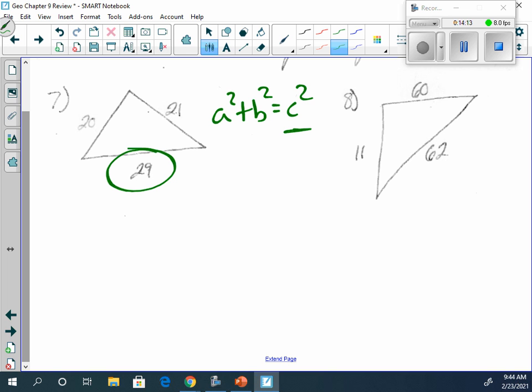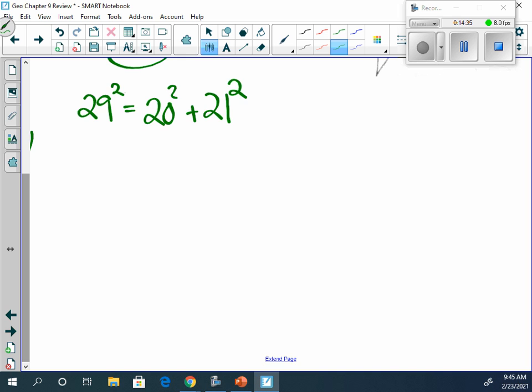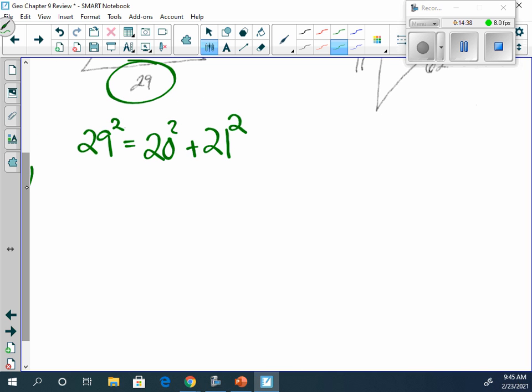So 29 squared should equal 20 squared plus 21 squared. And if this is a true statement, if 29 squared is equal to 20 squared plus 21 squared, then it is a right triangle. And now at this point, all we need to do is plug this into the calculator to see if this works. So the first thing we can plug in is 29 squared, and 29 squared is going to be 841.